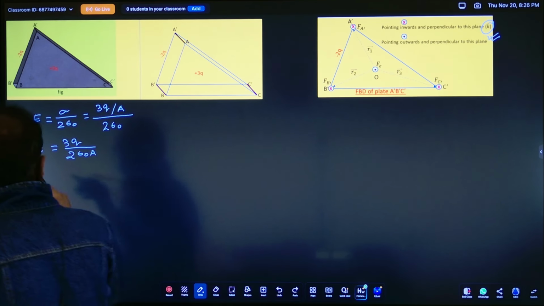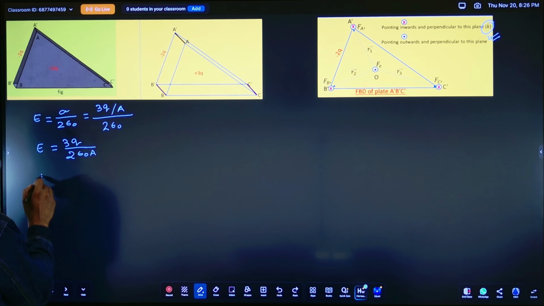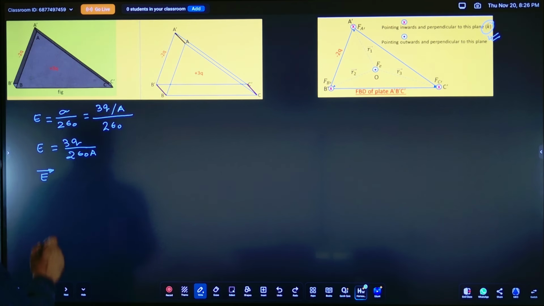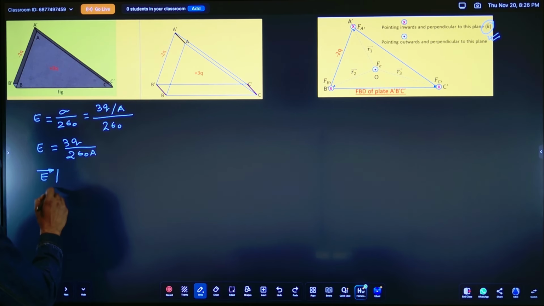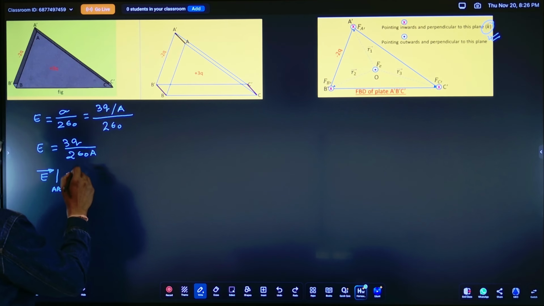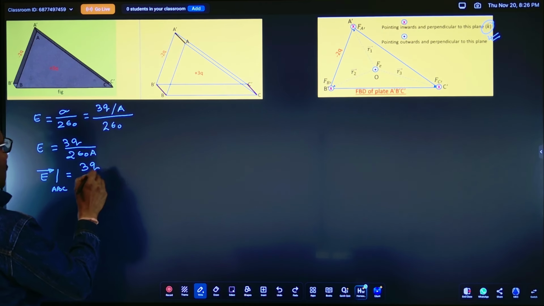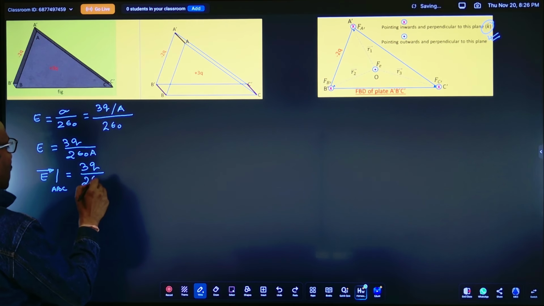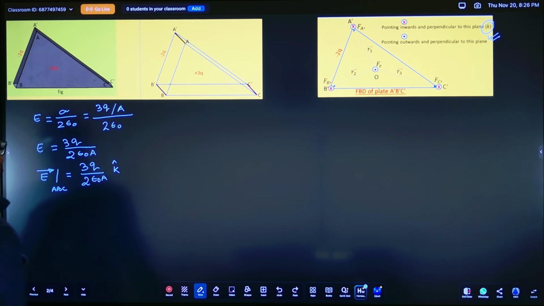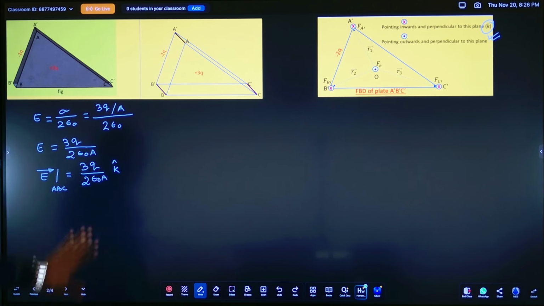So we can write this electric field intensity as a vector due to this ABC plate in between these two plates as 3Q by 2 epsilon naught A k cap. This is in the vector form.